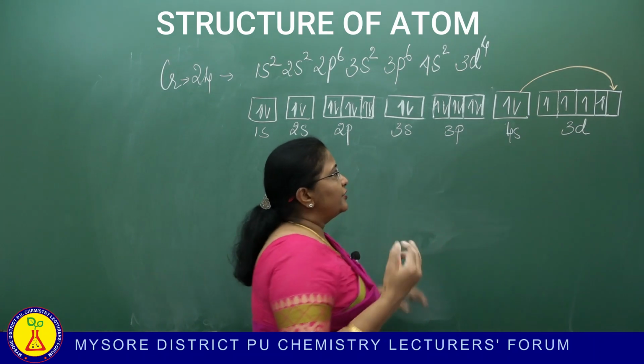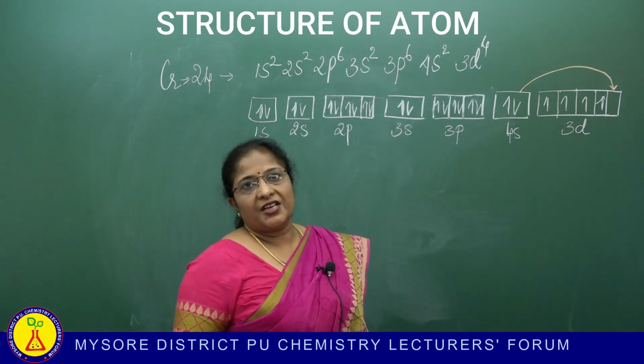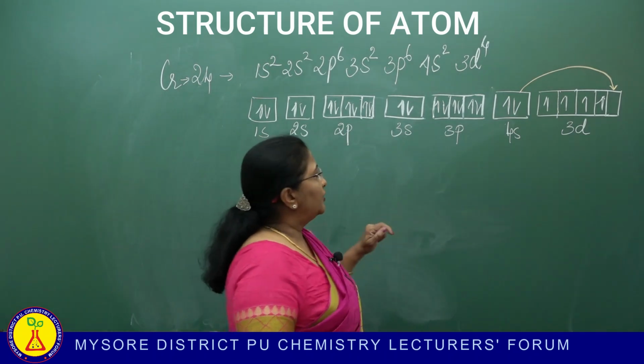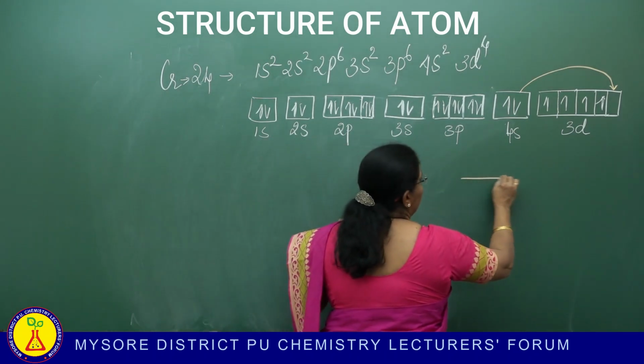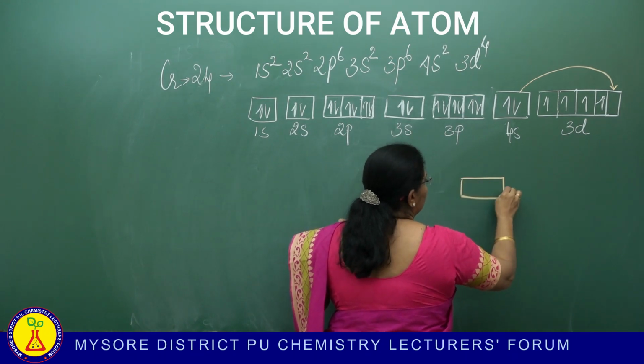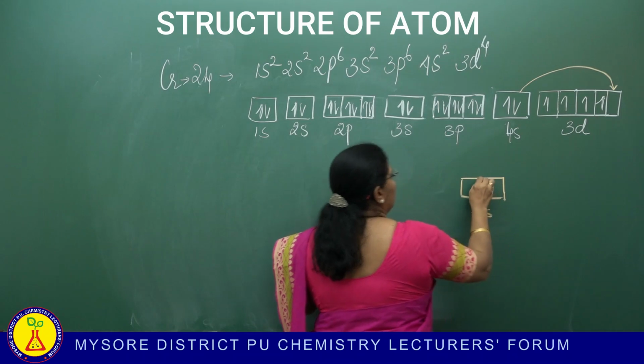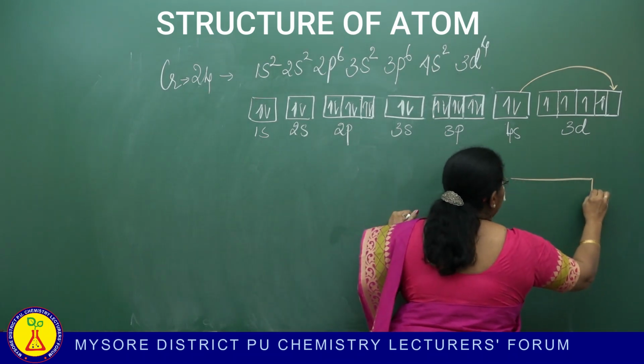That energy which is lost during this exchange, you call it the exchange energy, and the electronic configuration becomes 4s1 and 3d5.